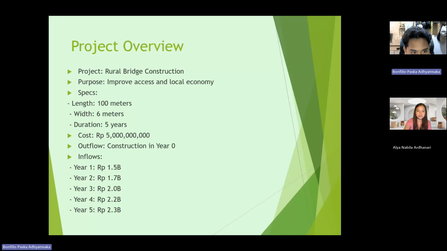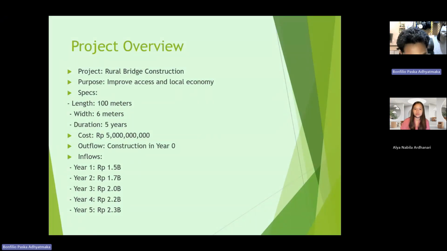Next is the example project overview. The name of the project is Rural Bridge Construction. This project aims to enhance regional accessibility and stimulate the local economy, especially in underserved rural areas where connectivity is a major barrier to growth.